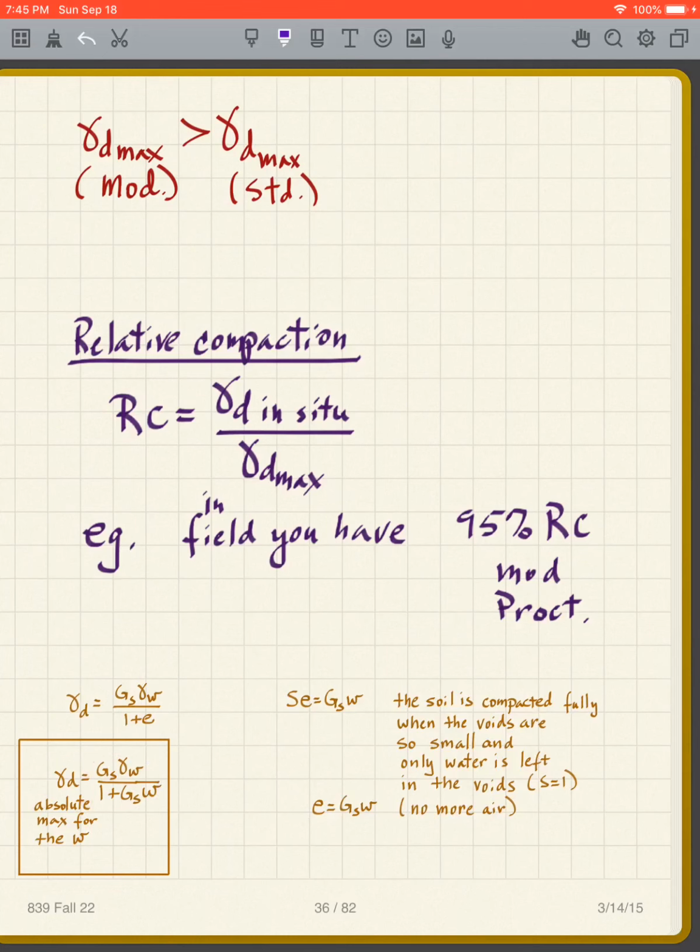So you can see we've got 3 gamma D maxes: gamma D absolute max, gamma D maximum for modified, gamma D maximum standard, and like I say, we've also got the AASHTO, modified AASHTO, standard AASHTO. So we got a bunch of gamma D maxes, and whenever we talk about gamma D max, to be understandable, we have to refer to what gamma D max we are talking about.